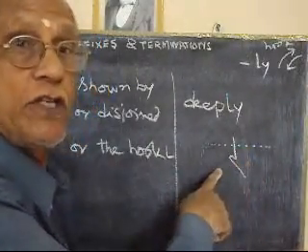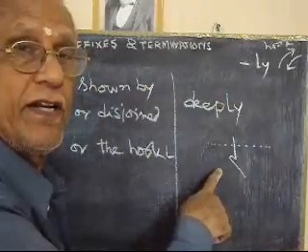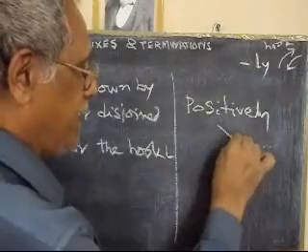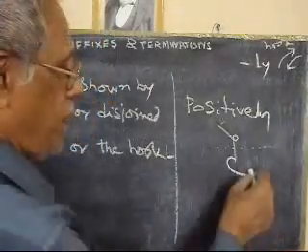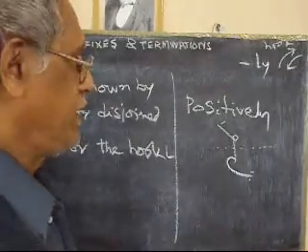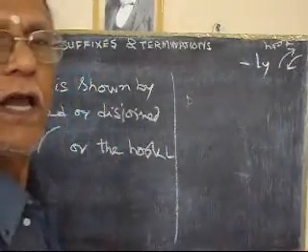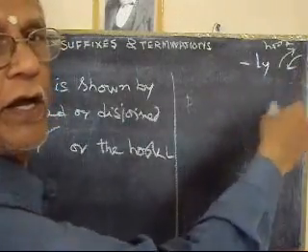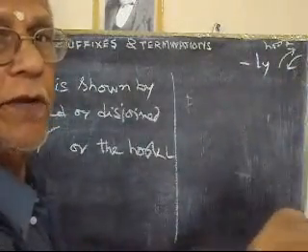Here hook is used. Rule number 71. Positively. So ly as a suffix can be represented by L, downward or upward, and also sometimes with hook.